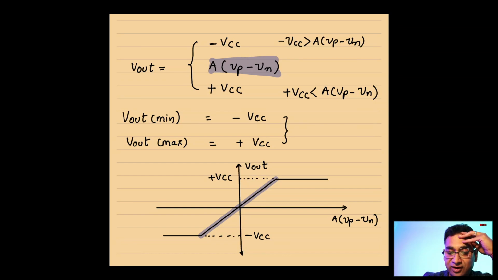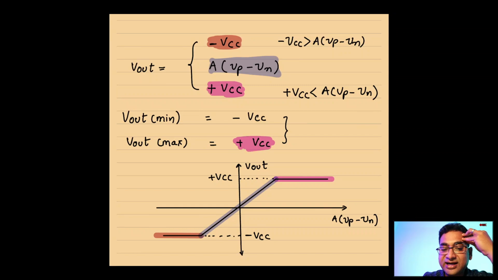This region of operation really corresponds to the minimum output possible. Similarly, the region of operation here corresponds to plus VCC. V output maximum is plus VCC. That is what is shown in the purple color here. Now, shown in the reddish color is the negative VCC.